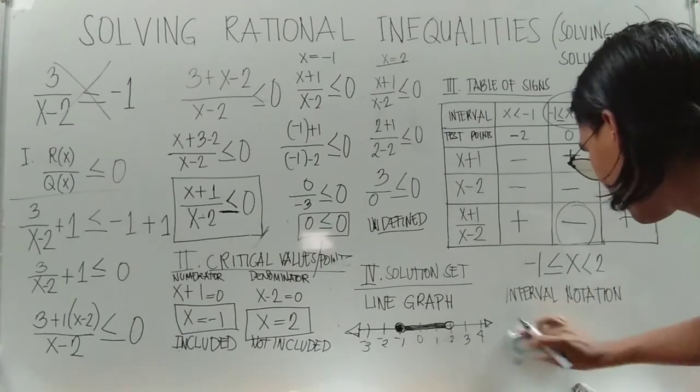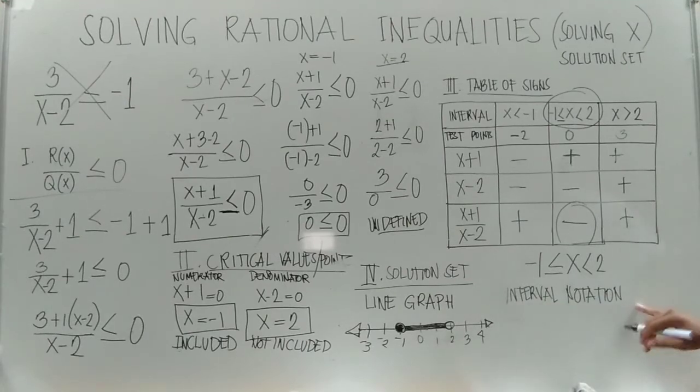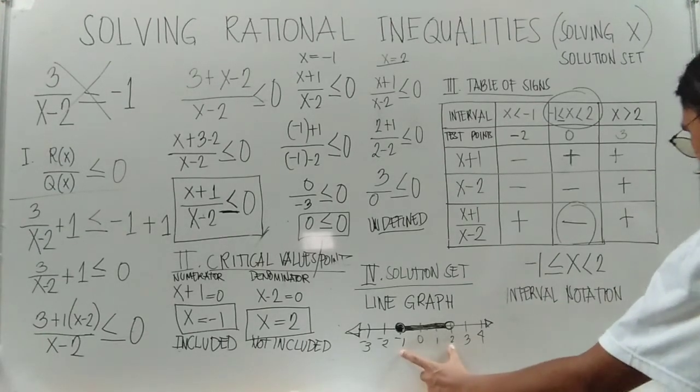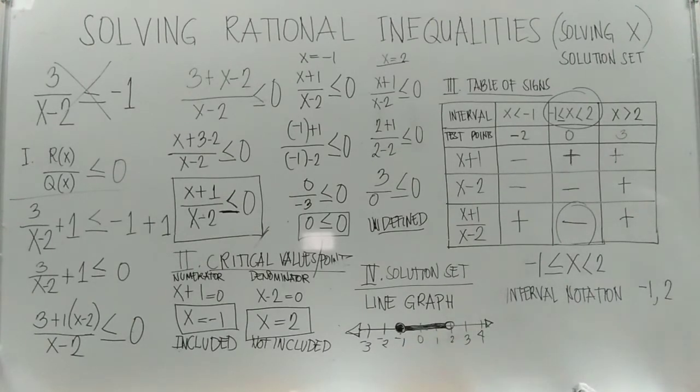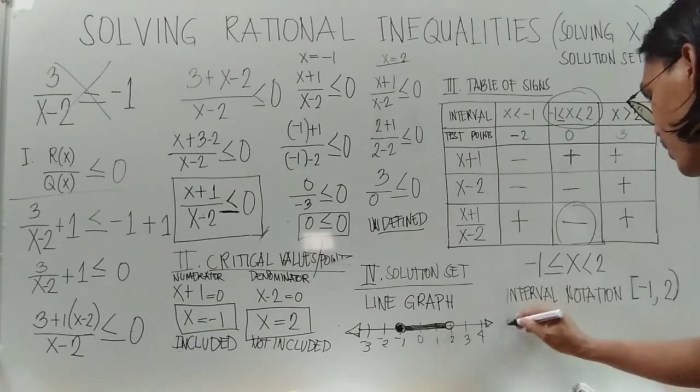I will write first the values -1 and 2. Then we will be using brackets and parentheses. We use a bracket here because it is included in our solution. If it is not included, then we will use parentheses.